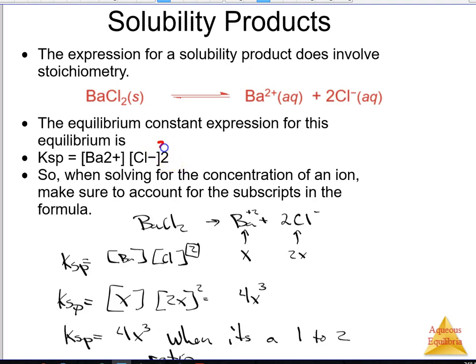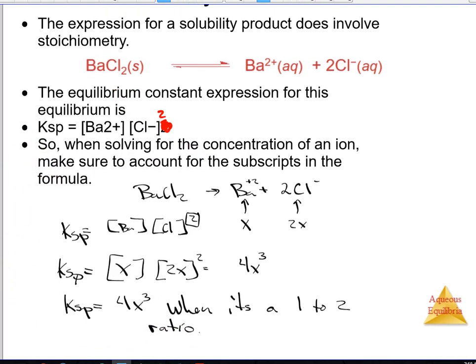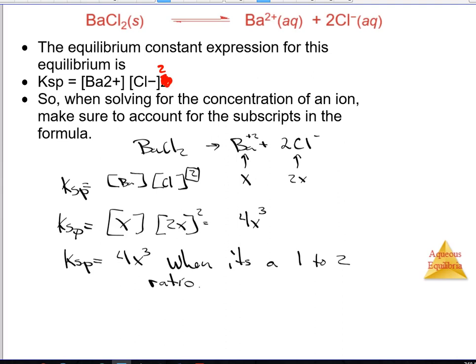This is a superscript 2. Okay? So when solving for the concentration of an ion, make sure to account for the subscripts in the formula. Okay, now, I don't know why, but for 2 or 3 kids a year, this right here does not click. But I'll do my best to make sure 100% get it this year.